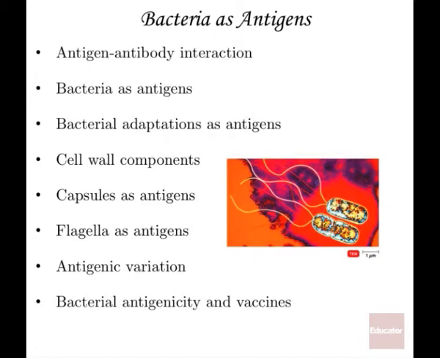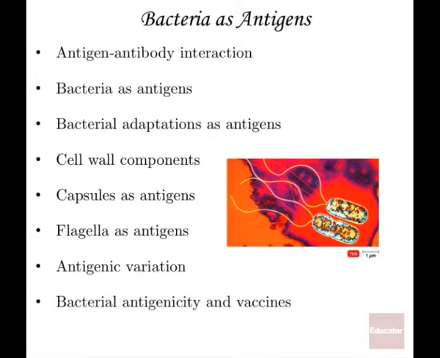So we're going to originally talk about the antibody-antigen relationship or interaction and how antibodies identify antigens. And again, I refer you to several of the immune system lectures where that is covered in much more detail.